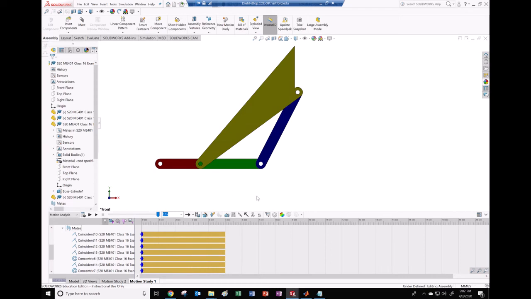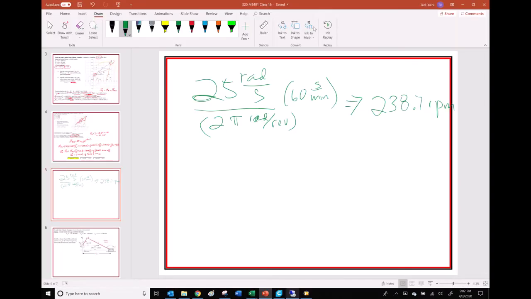We only want 3 rotations, so we want to figure out how much time 3 rotations is going to take. So what did I do down here? I said 3 revs divided by, and I could have done this in a couple different ways, but I took that 25 radians per second divided by 2 pi.